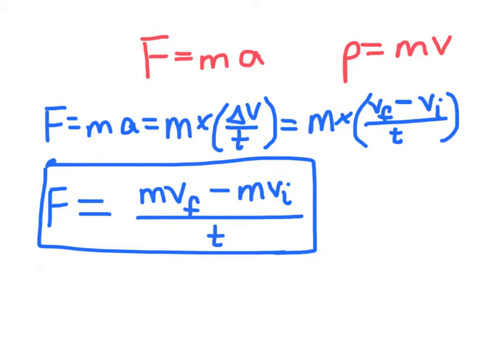I can see that if I have a really large force and a very short amount of time, that could give me the same change in momentum as a really small force with a large amount of time for a longer period of time. So those are definitely all related. Just an FYI, this actually is how Newton originally wrote his second law of motion, in this format rather than our very simple F equals ma.